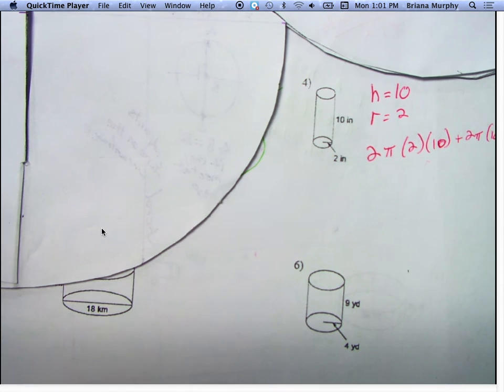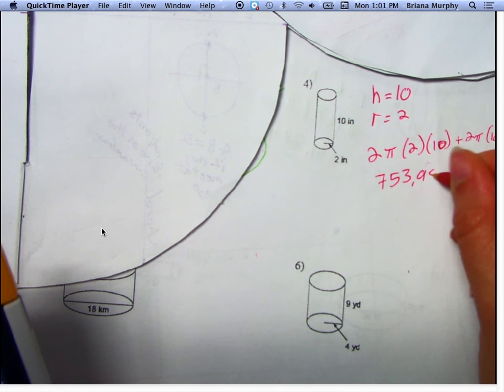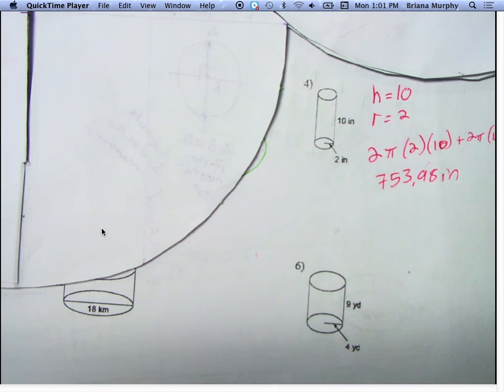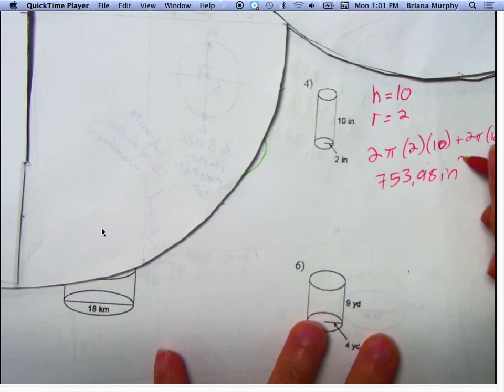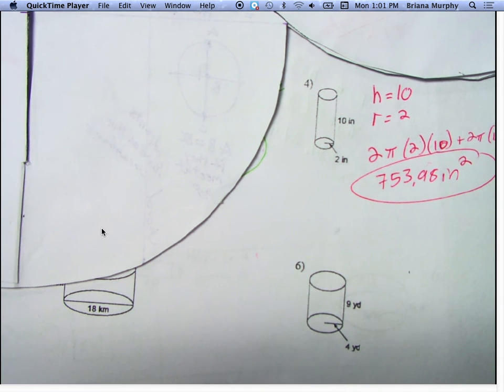It's quicker. 2 pi 2 times 10 plus 2 pi 10 squared, I get 753.98 inches. What am I going to put? Squared. Area is always squared. Questions about that?